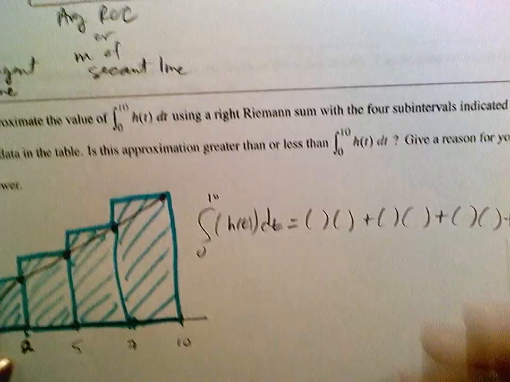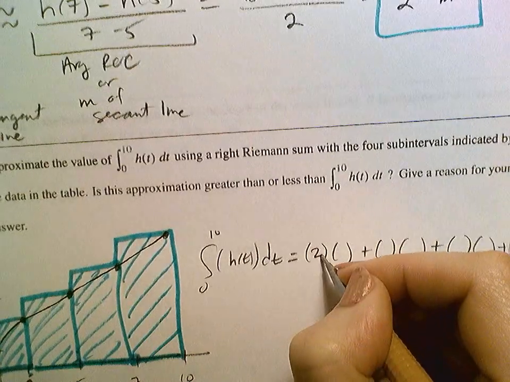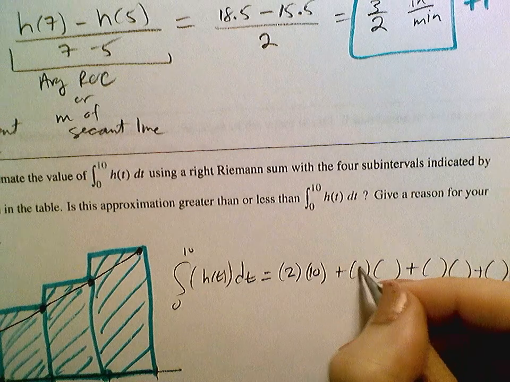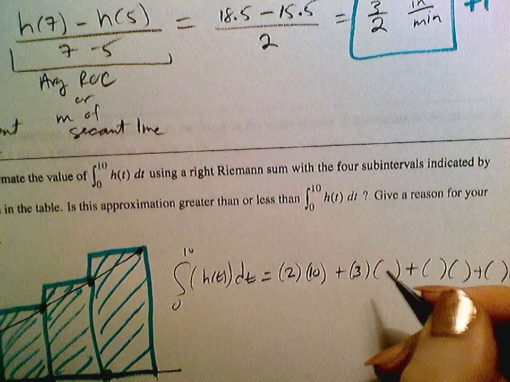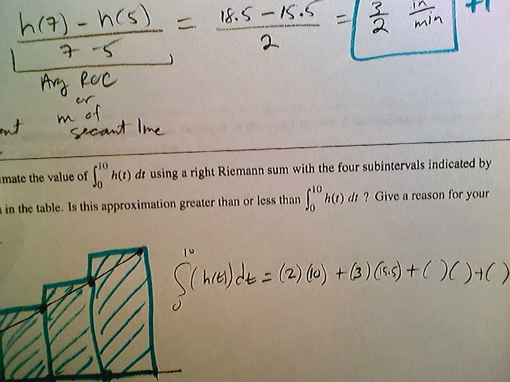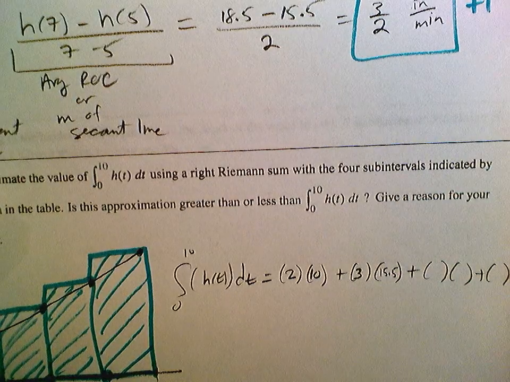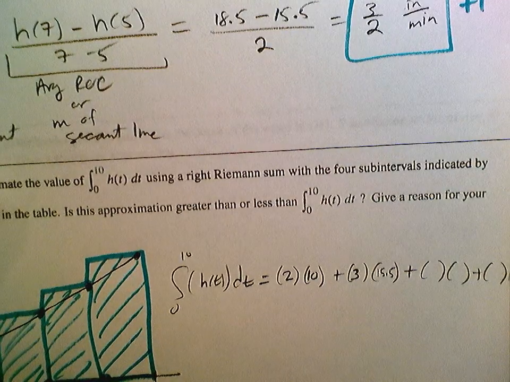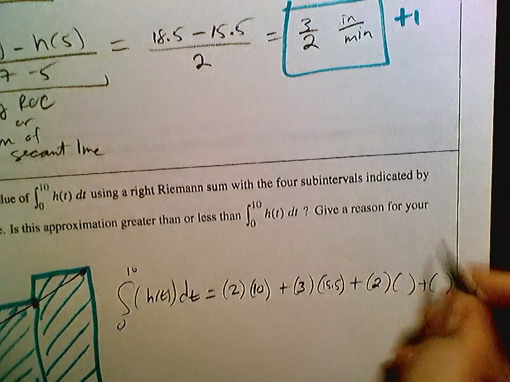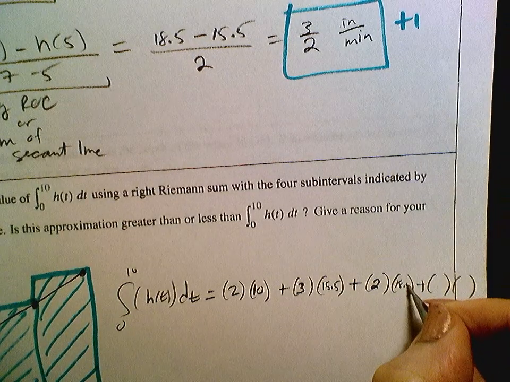For the first rectangle, the base is 2 and the height is 10. For the second rectangle, the base is 3 and the height is 15.5. And then the base is 2 again, and the height is 18.5.